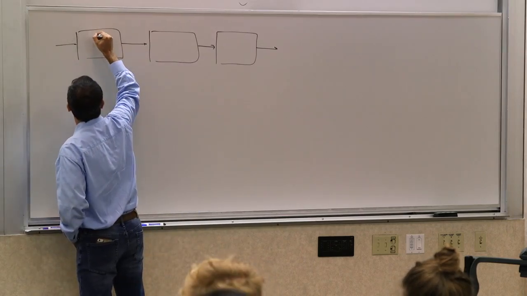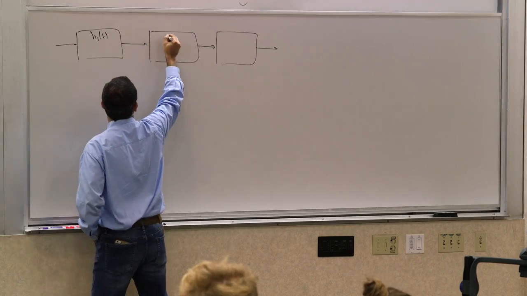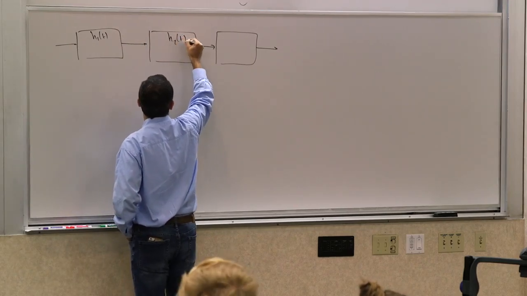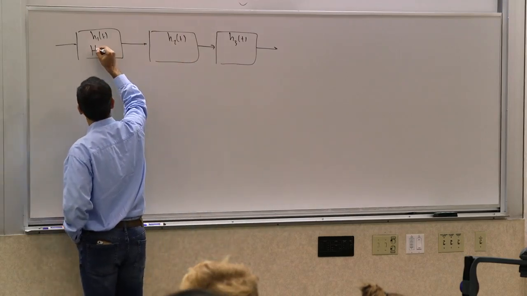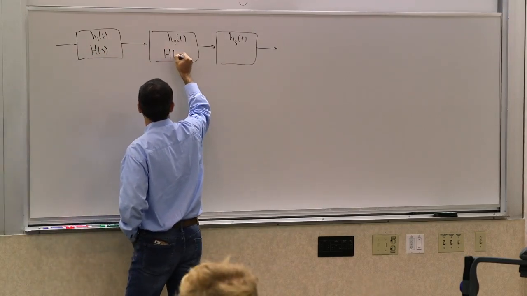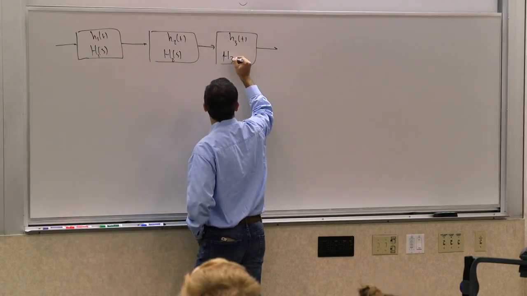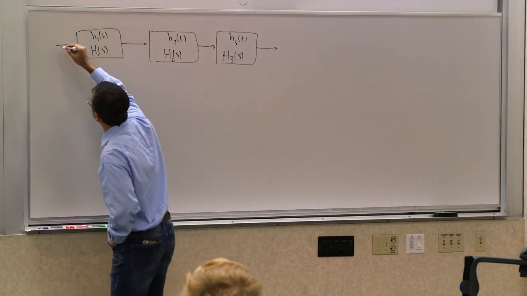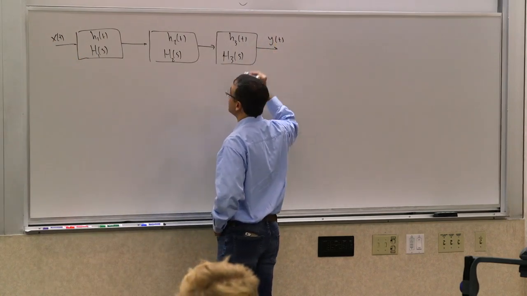Let's call them, the first one has an impulse response h1 of t, h2 of t, and h3 of t. And they're associated H of s, right, the transfer functions. So you put some input x of t in, and then you get some y of t out.